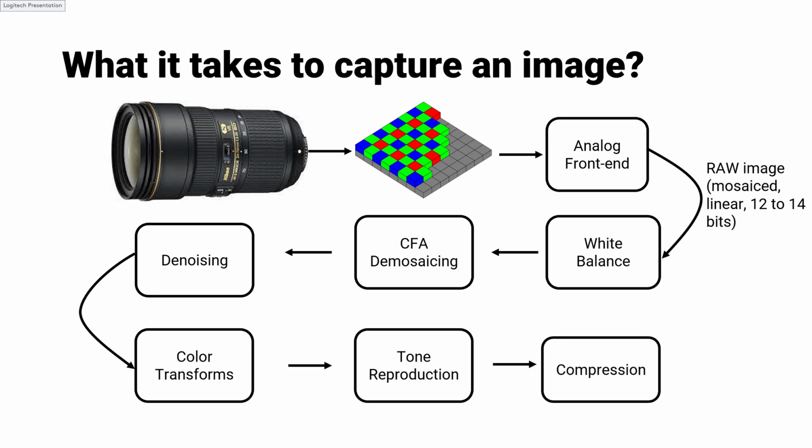And then finally, to save this image, we compress the image because 12 to 14 bits is a lot. And then we finally save the RGB color image, which is non-linear with respect to the amount of light that was hitting the sensor, and it's generally represented as 8 bits. Again, if this is not clear, please refer to the previous video on color imaging and look at how color is actually captured from there.